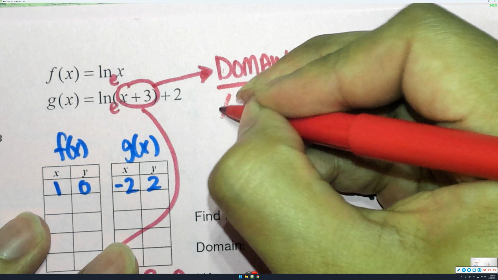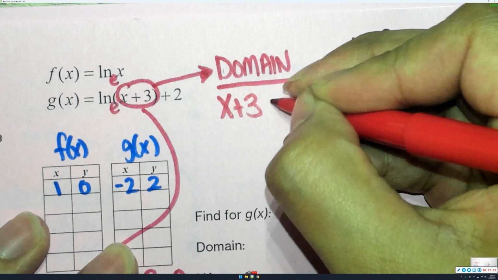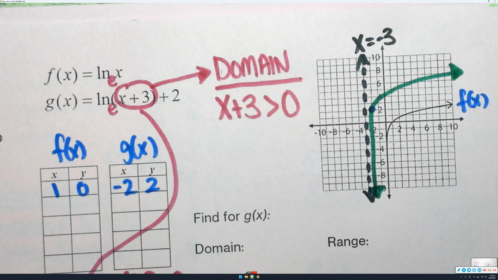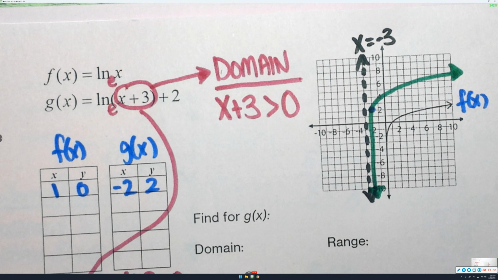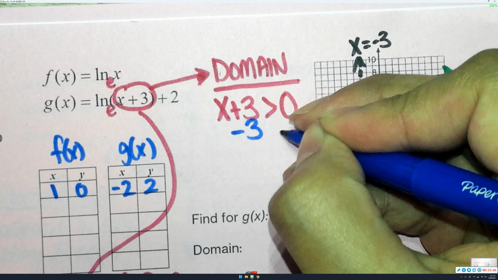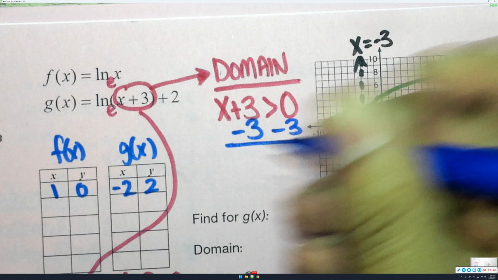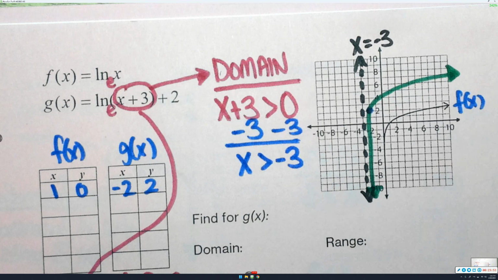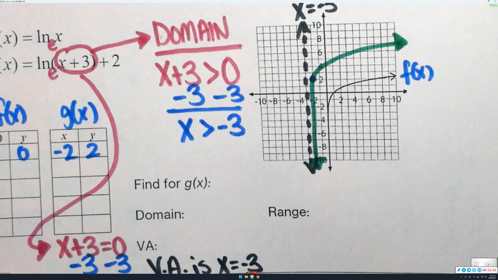So let's go ahead and write that down. x plus 3 is greater than 0. Now, if I did say strictly increasing, my apologies. It should be strictly positive. So the wording was a little bit off. Nonetheless, we then isolate for x by subtracting 3 on both sides, -3, -3. This will leave us with x is greater than -3. So that's the inequality notation. So look at that, guys.